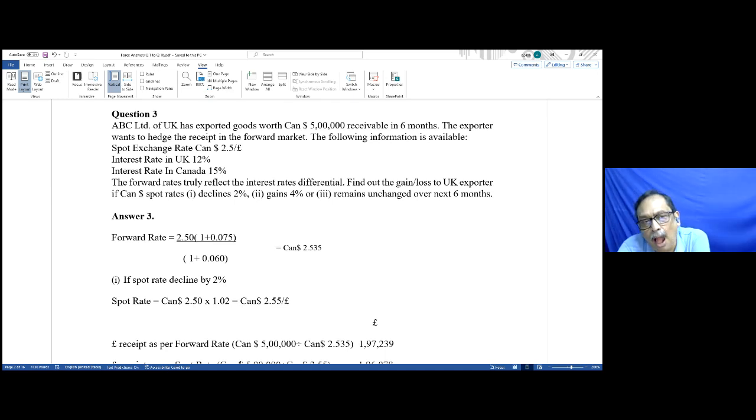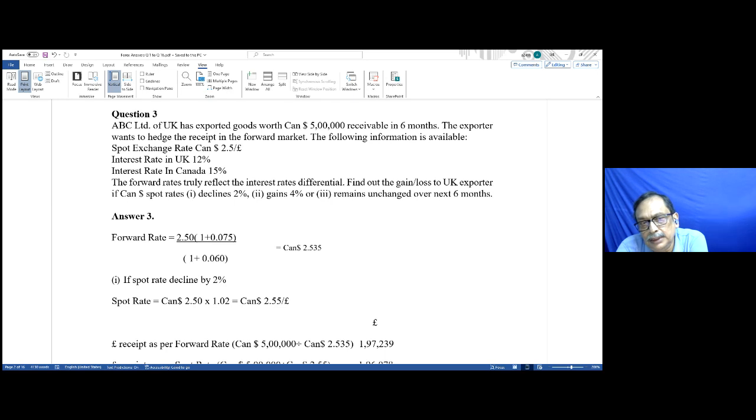Now, let me repeat again. Forward rate we are going to have, the first we are going to consider 2.5, that should be multiplied by interest rate in Canada, that is 15% for the whole year.